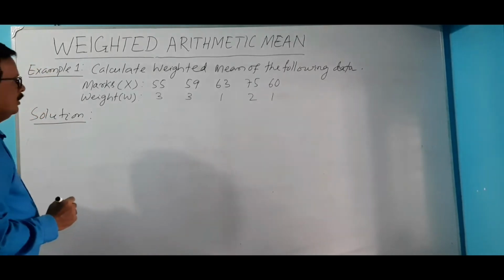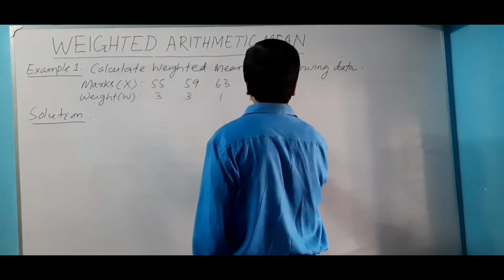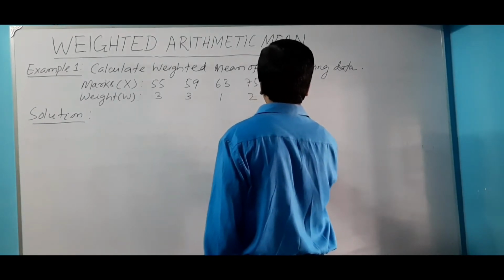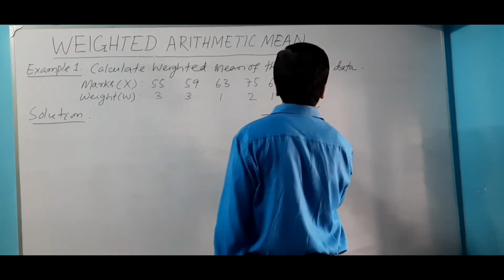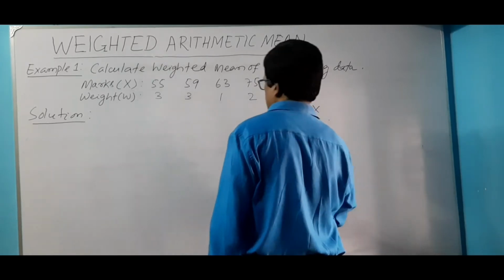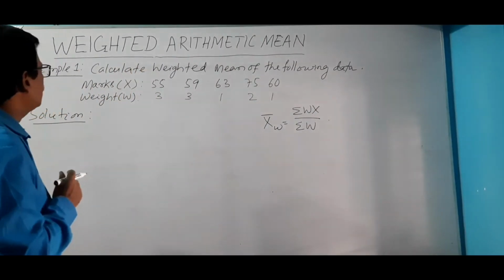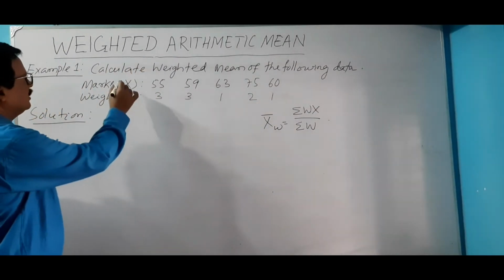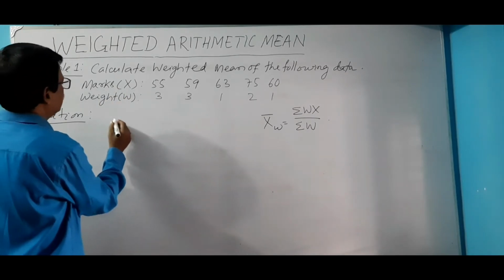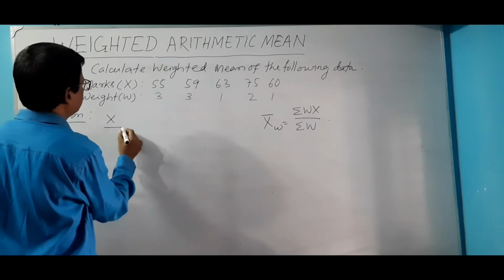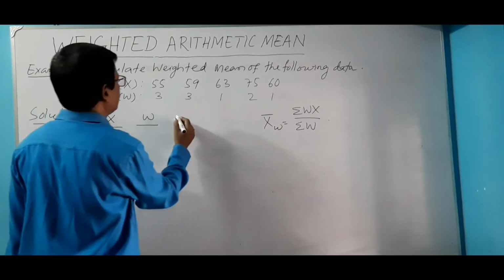We know the formula for weighted arithmetic mean: X W bar is equal to summation Wx divided by summation W. Now we have to write the X values and W values first in tabular form: X values, W values, and what we have to find, Wx.